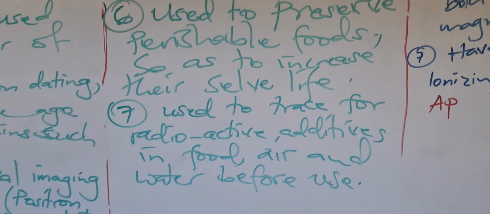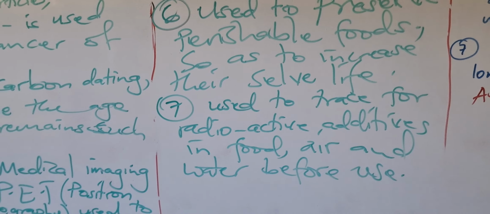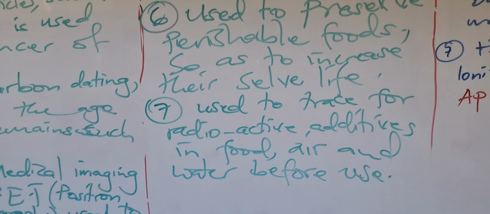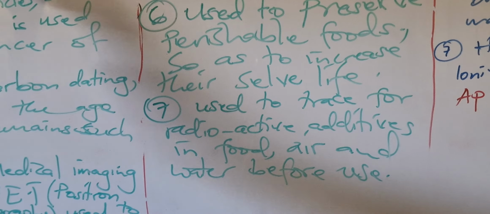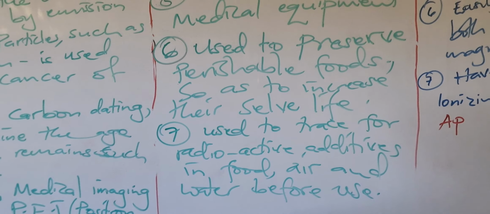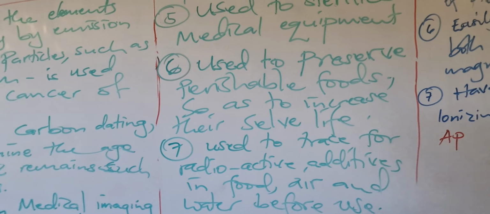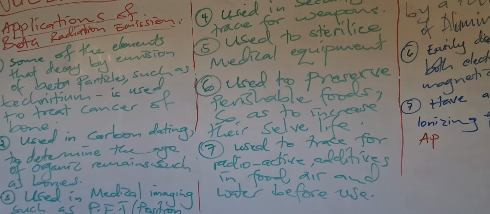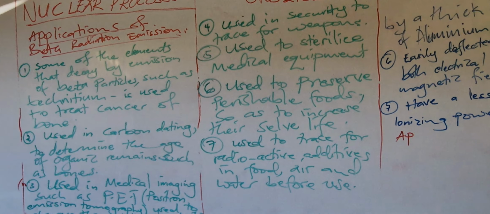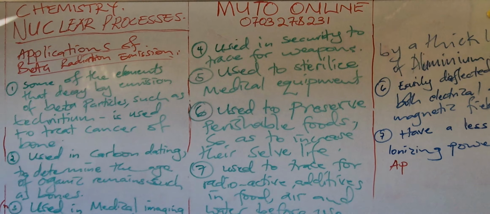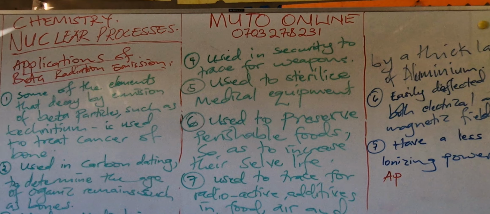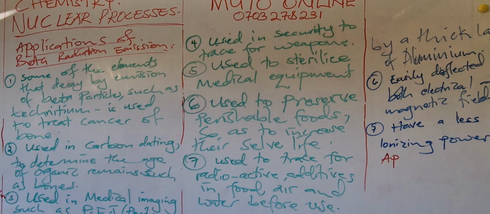We shall look at certain cases where in certain companies, they use these radioactive elements as raw materials. Before they eat their food, they always scan it or trace out for these radioactive elements if they were in contact with their food, or with the air they breathe, or with the water they use, before they use it.